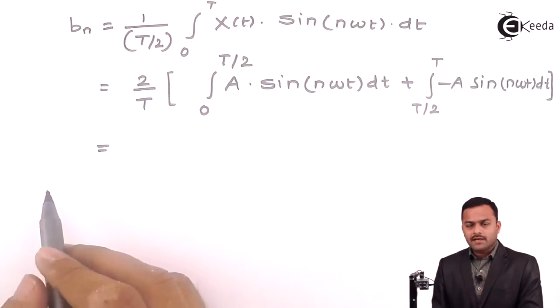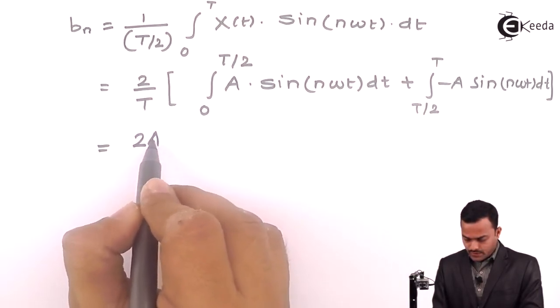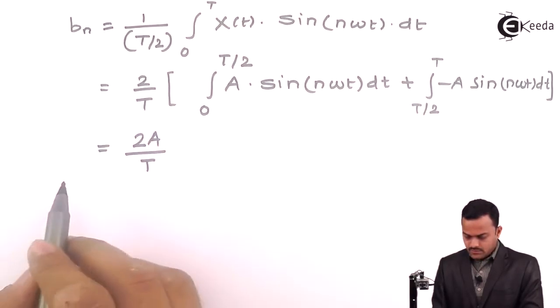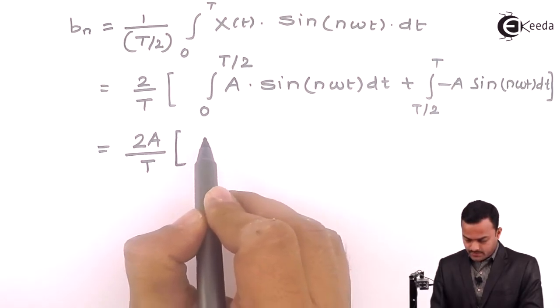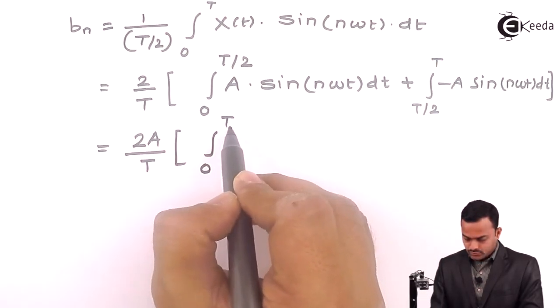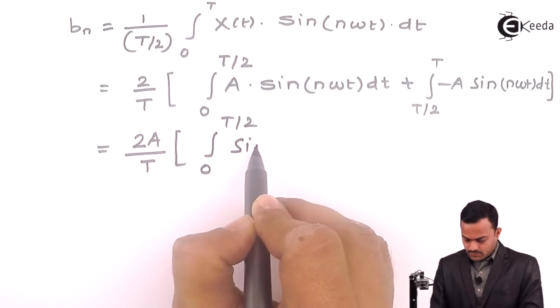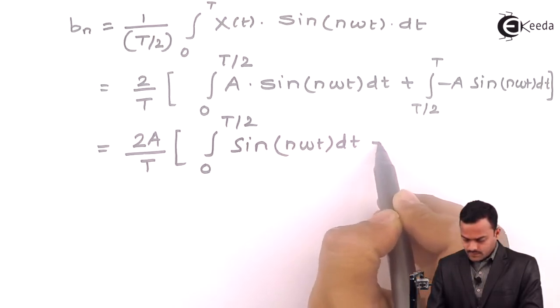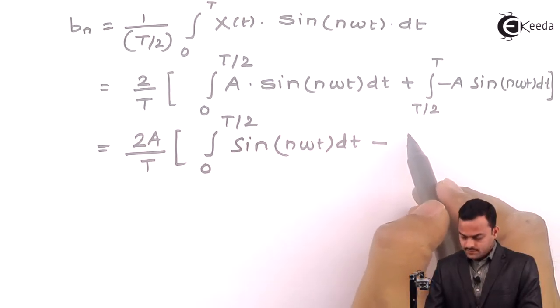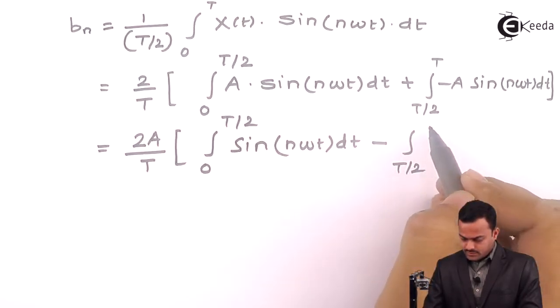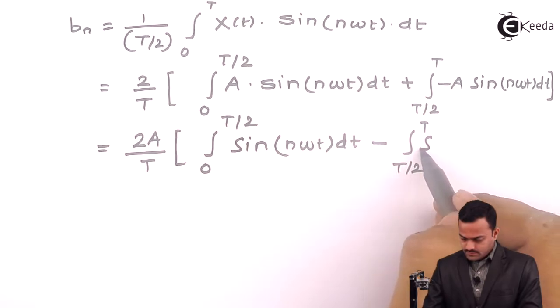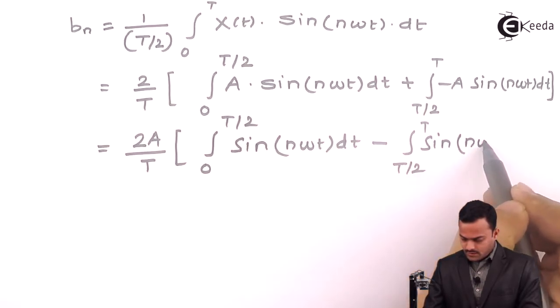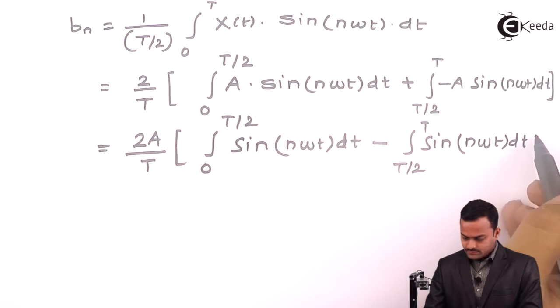A I can take common and out of an integral, so it is 2A upon T inside bracket. We have integral 0 to T by 2 sine n omega t dt, minus integral T by 2 to capital T sine n omega t dt.